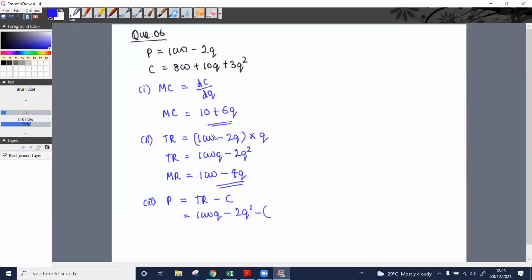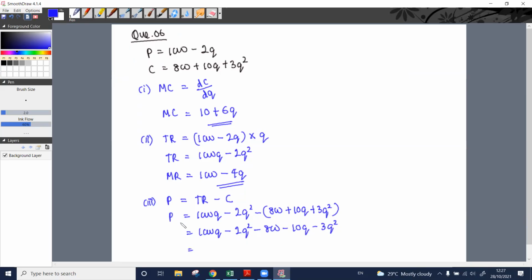Part 3, profit function, which we will denote as P. How do we get profit? Total revenue minus total cost. Total revenue is 1000Q minus 2Q squared. From that, we deduct the cost function, 800 plus 10Q plus 3Q squared. Let's remove this bracket, then it will be clearer. Minus 800, minus 10Q, and again minus 3Q squared.